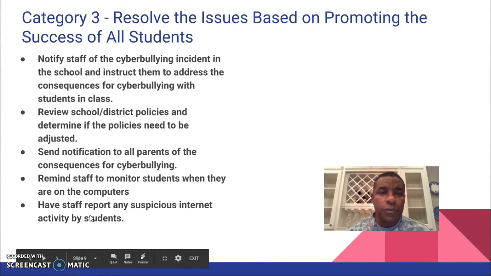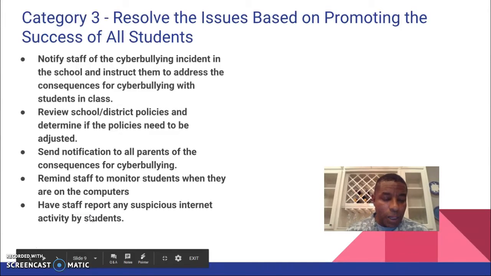Category 3. Resolve the issues based on promoting the success of all students. Notify the staff at faculty meetings of the situation and instruct them to review the district policies on internet use and cyberbullying.